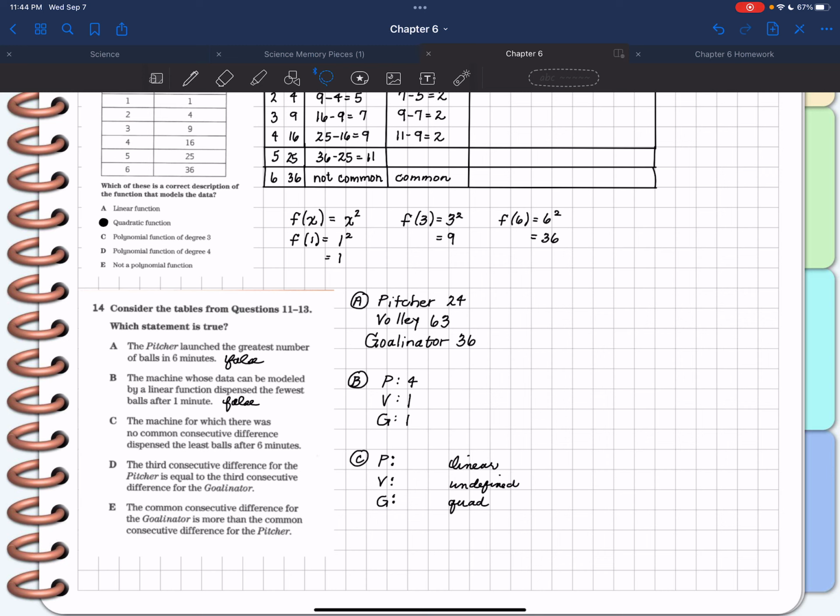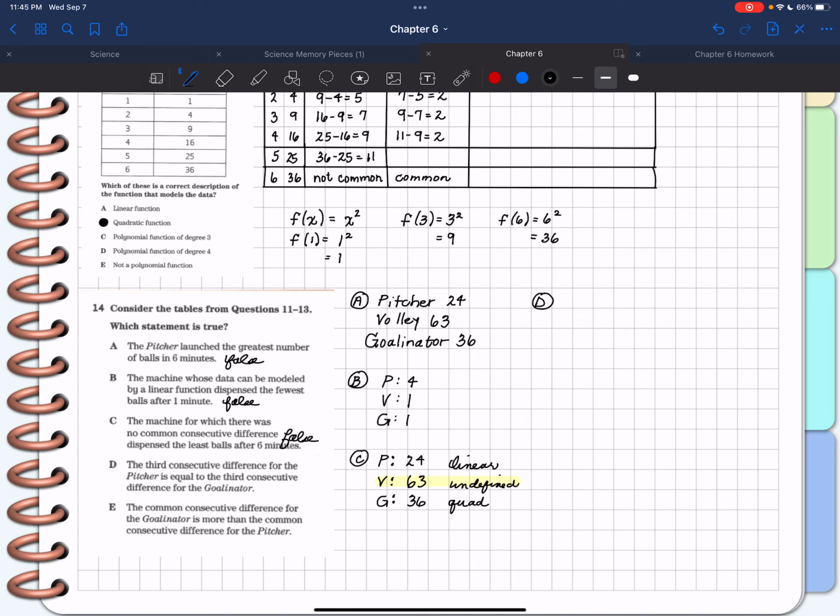At 6 minutes, the goalinator was at 36, 24, and 63. So the machine for which there were no consecutive differences launched the least. That's a false statement. It launched the most.